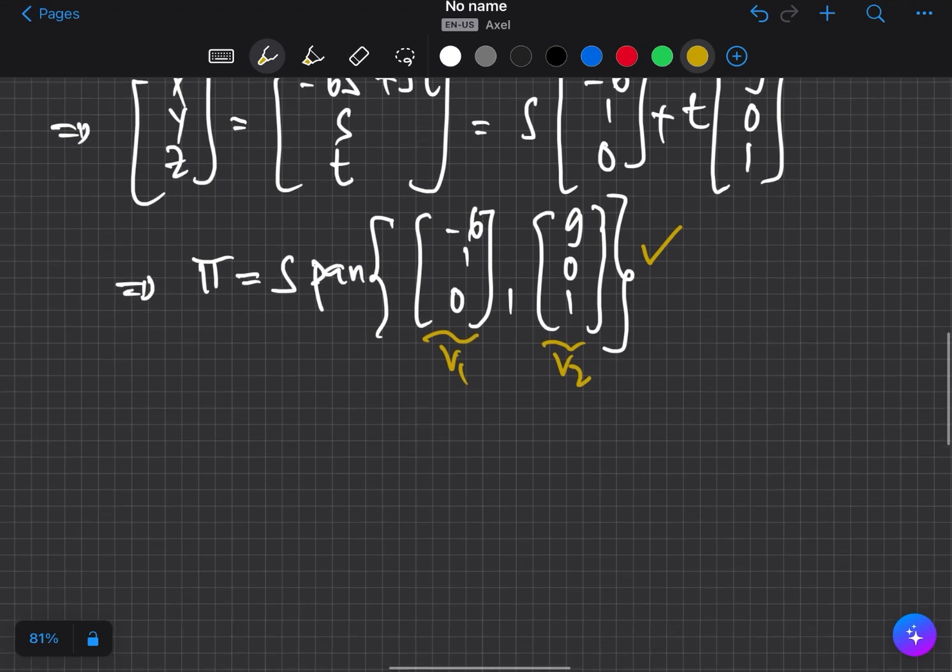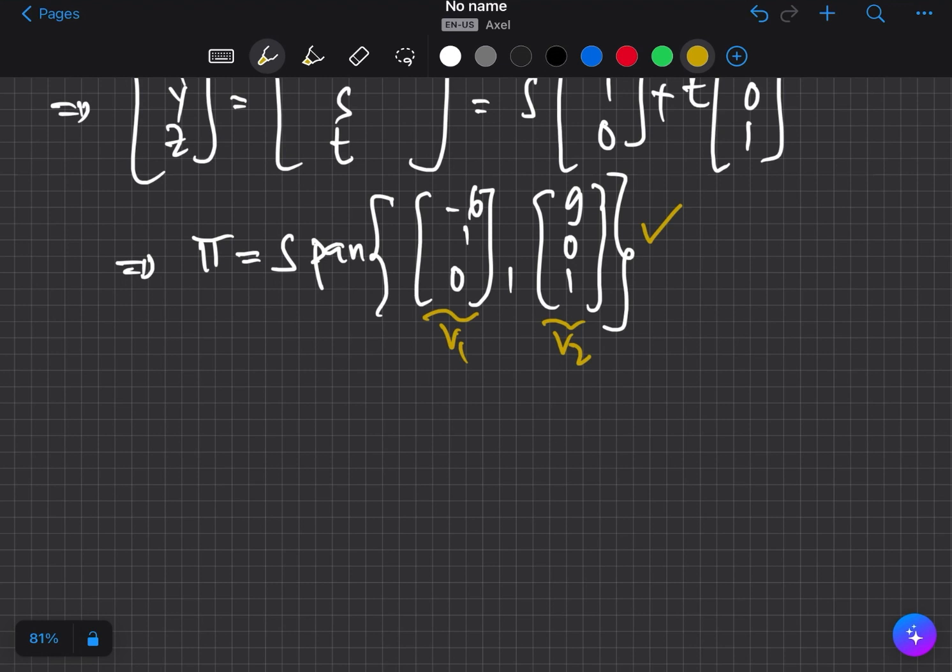And now we need to see if this will make a basis. When we look at these two vectors, they will be a basis if these vectors are linearly independent. So if alpha V1 plus beta V2 equals 0, alpha should be equal to beta should be equal to 0 for them to be linearly independent.